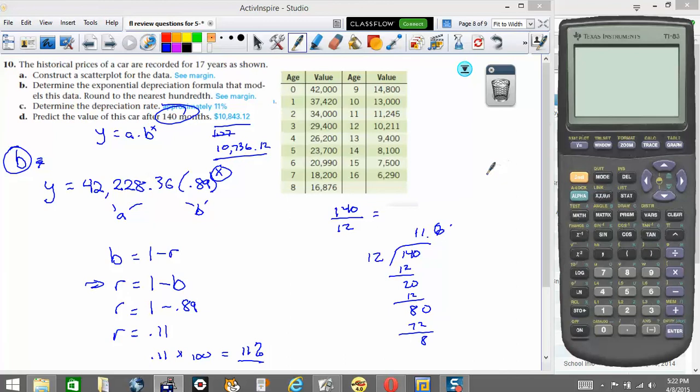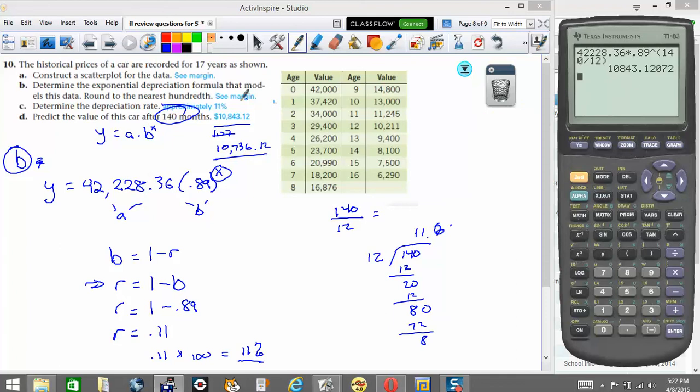So I would take the formula that we had, 42,228.36, and I would times it by 0.89 raised to the 140 over 12. $10,843.12, which is exactly what the book had. So that is probably the most precise way to do it.